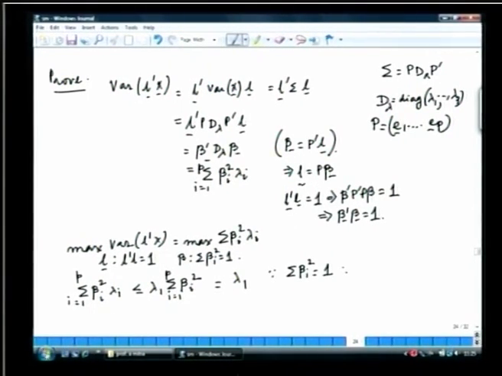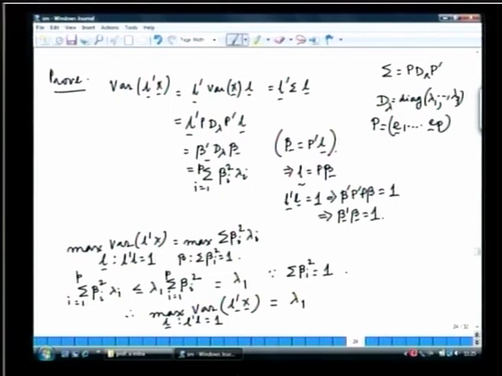So, I have achieved that the maximum of variance of L prime x over L such that L prime L is equal to 1 is nothing but lambda 1, because I have shown that the variance of L prime x is summation beta i square lambda i, the condition is summation beta i square equal to 1, and I can obtain an upper bound of this term, which is the maximum eigenvalue lambda 1.